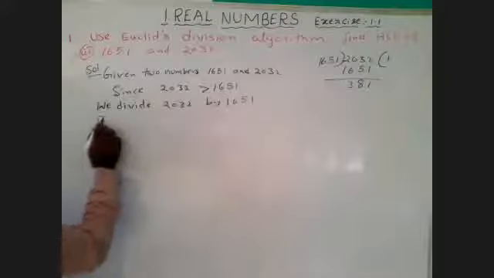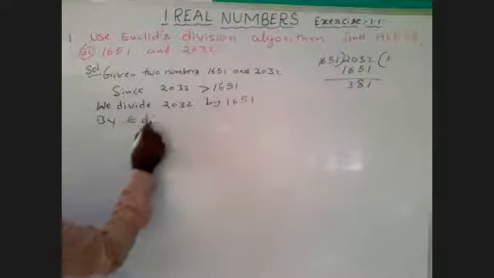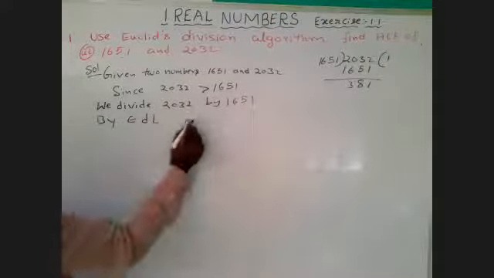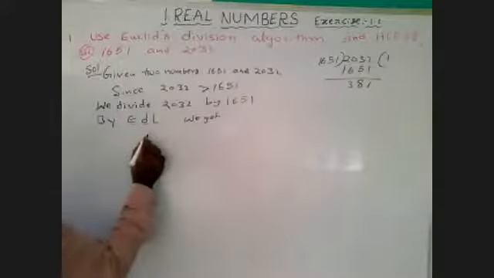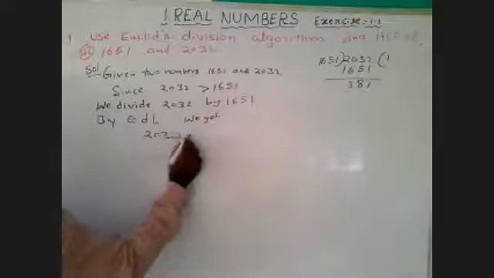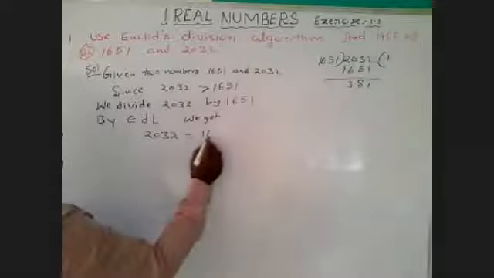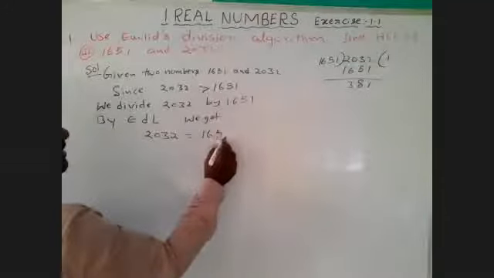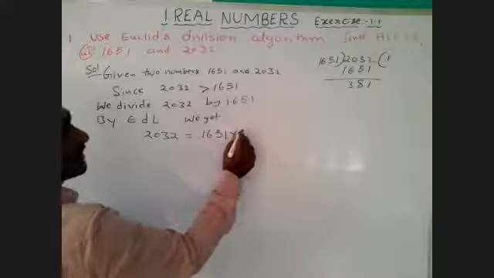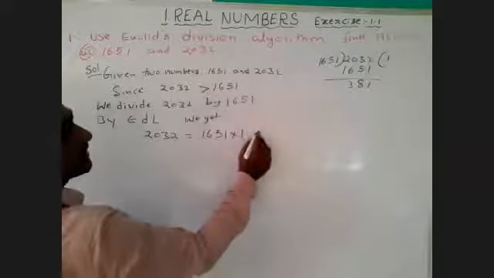By Euclid's division lemma, dividend 2032 is equal to divisor 1651 into quotient 1 plus remainder 381.